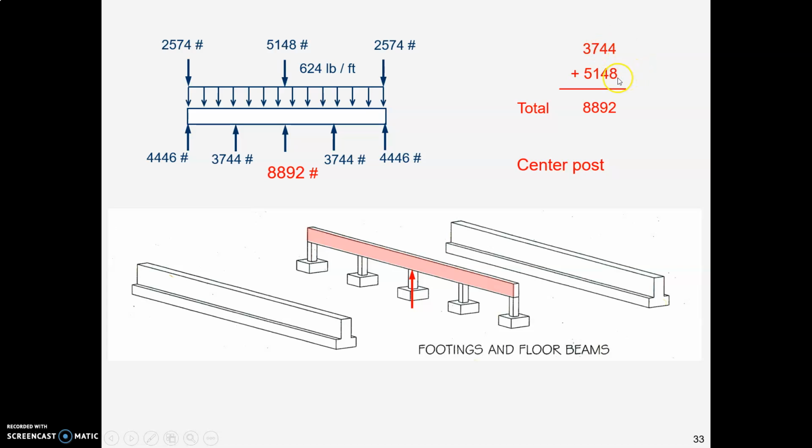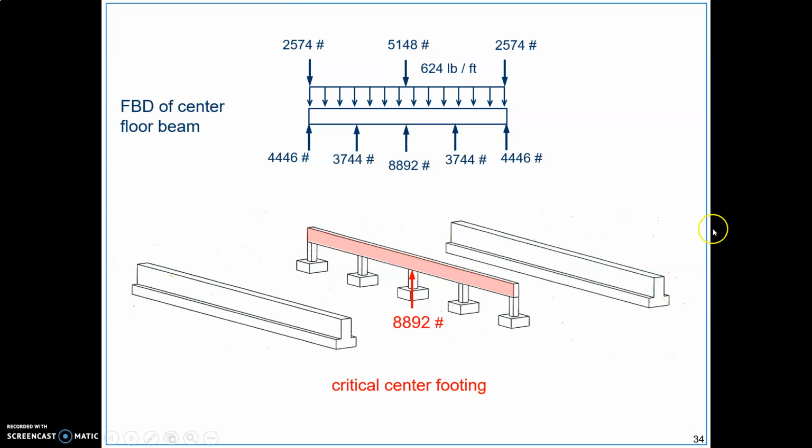So when we add those two together, the column and the post reaction, we find out that that center post right there is holding up 8892 pounds. And that makes that one center footing there the critical footing that we want to look at, as we're figuring out, is our soil capable of holding up this load?